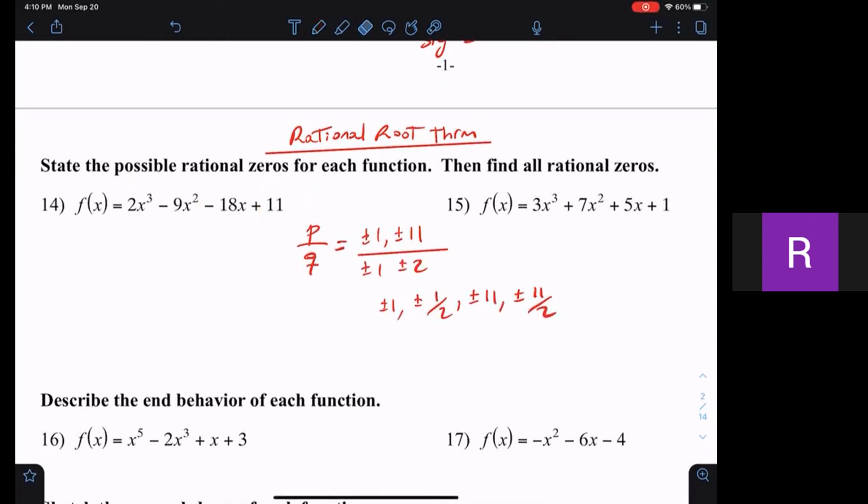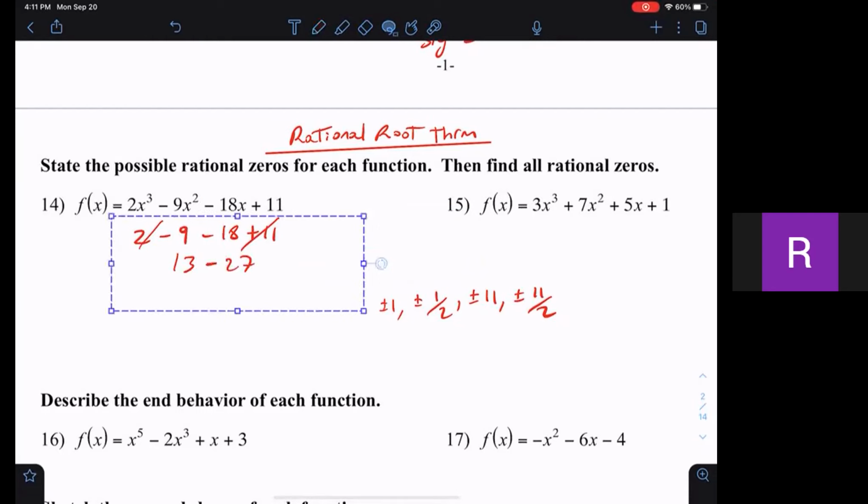So let's start with the easy ones, with the 1, right? Hopefully that works. So 1 is going to be 2, negative 9, negative 18, plus 11. So this is going to be 13, and then this is going to be negative 27, so that doesn't work. So 1 doesn't work.